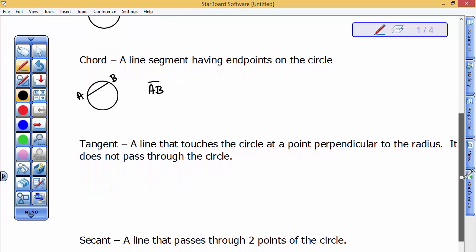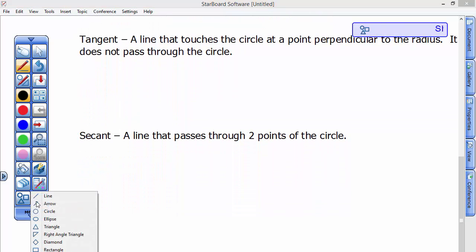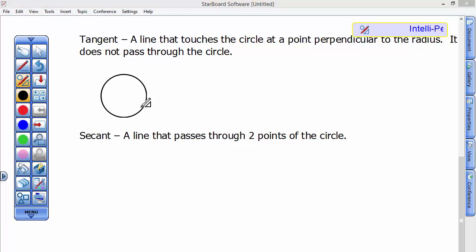A tangent line is a line that just touches the circle. I'm going to try to draw a line that just touches that circle, and that point that it just touches is perpendicular to the radius at that touch point.